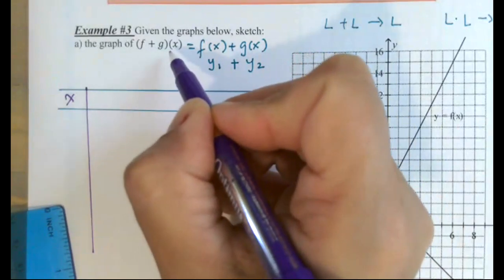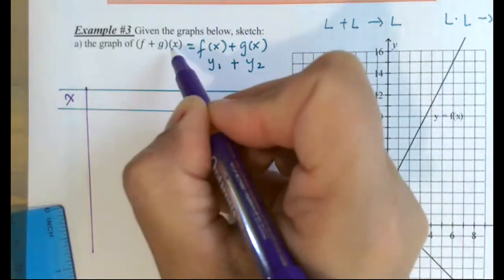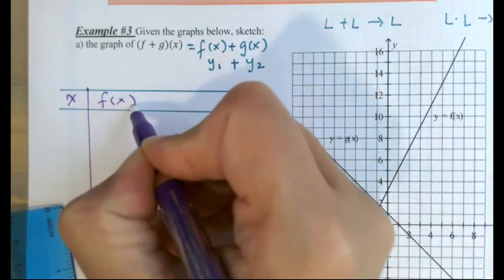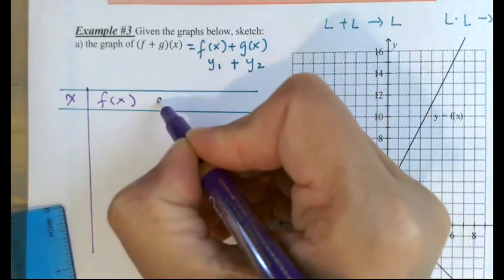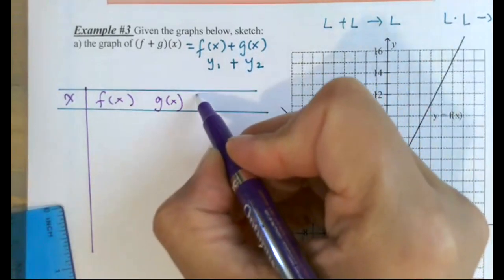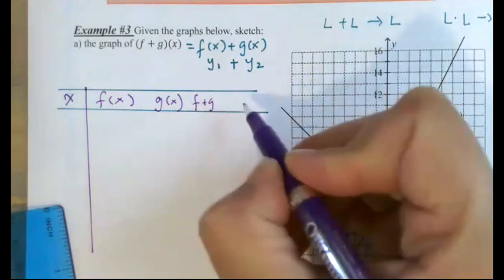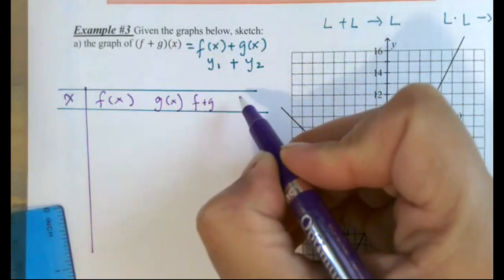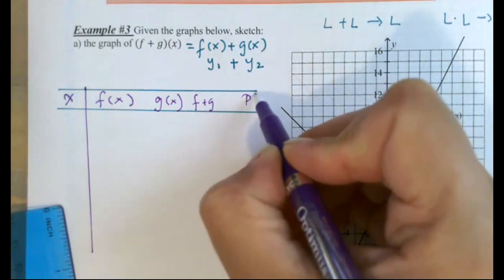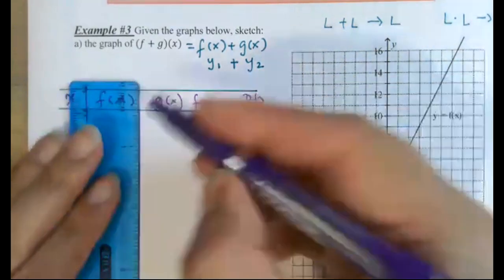And then in the second column, I'm going to put the functions in the order that matters. In this case, the order doesn't matter, but I always like to keep it in the same order. So f of x, the value that I'm looking for, the y1. In the third column, g of x. And in the last column, f plus g. This is the last column, but I also like to put down here points at the very end.